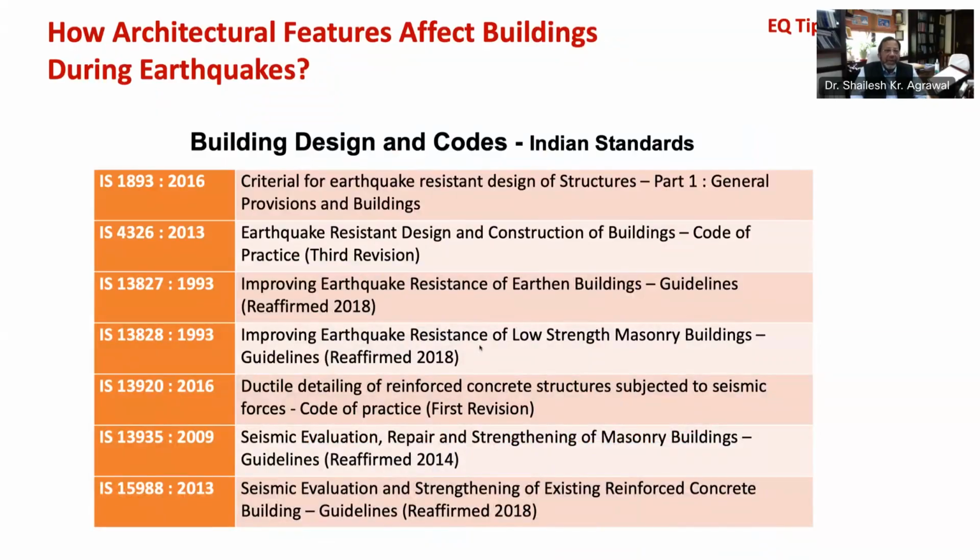Although building design and codes are available, architectural features chosen at the planning stage on building configuration are known to have made greater difference than accurate determination of code specified design forces and structural design. In summary, simple symmetrical structures in plan and elevation without any abrupt change in beam column configuration and continuity are key to good seismic performance of the building.